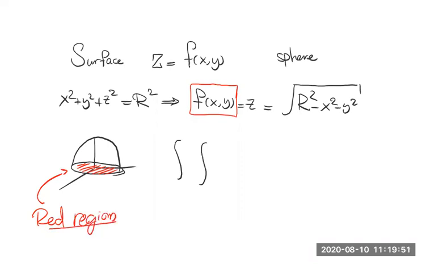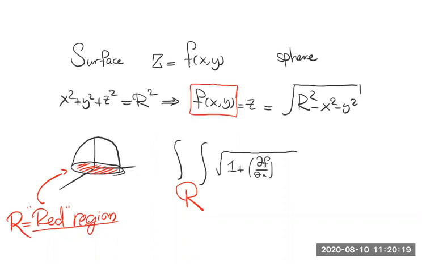Let's denote this red region with R. I should take a double integral over R, the square root of 1 plus the partial derivative of f with respect to x squared, plus the partial derivative of f with respect to y squared, dx dy. That would be the area of this surface.